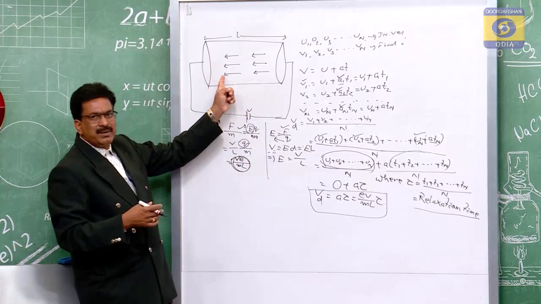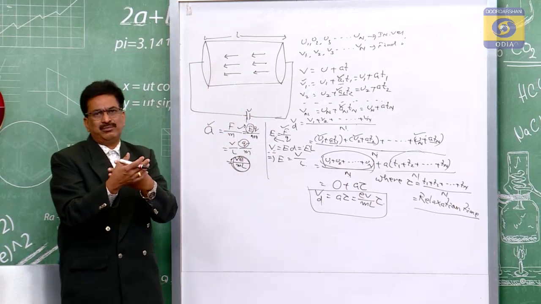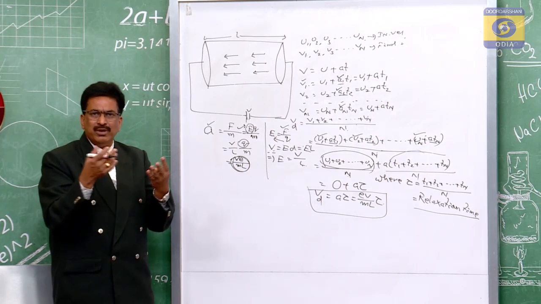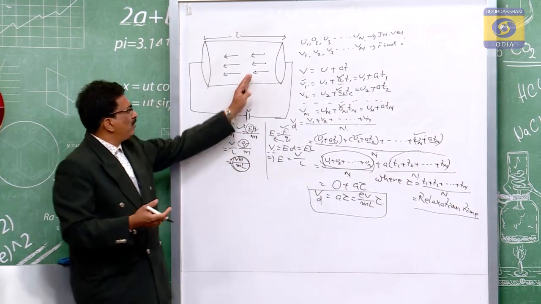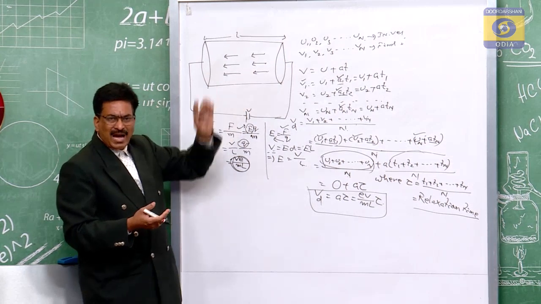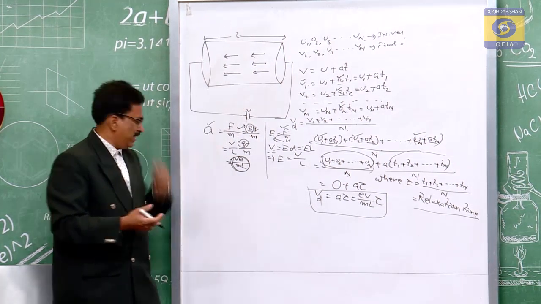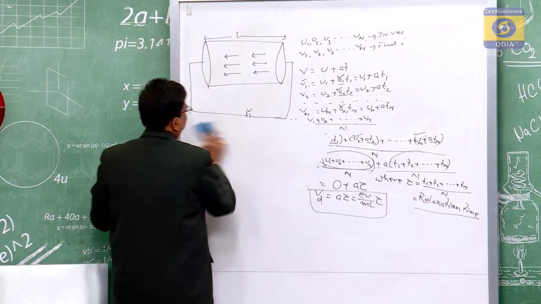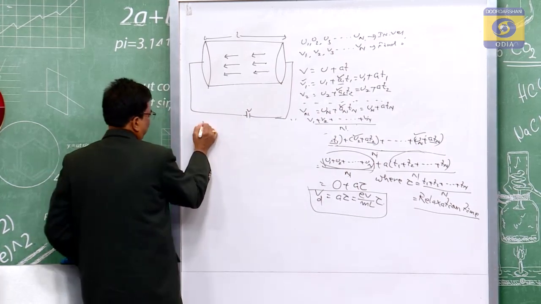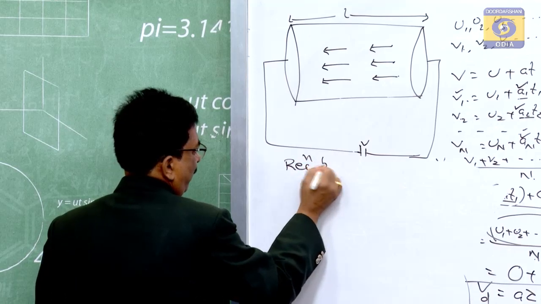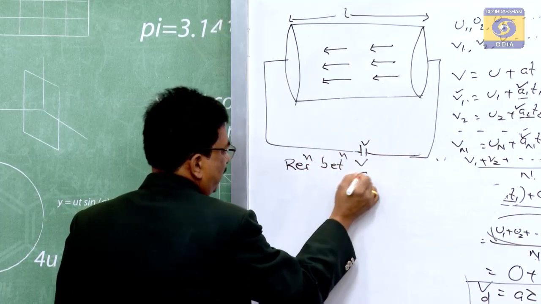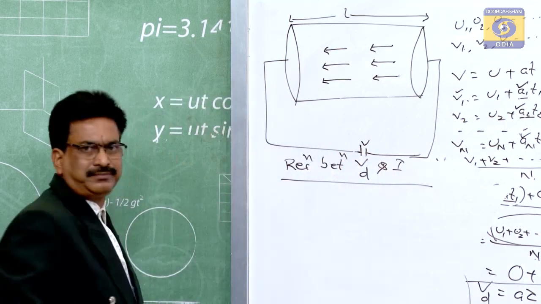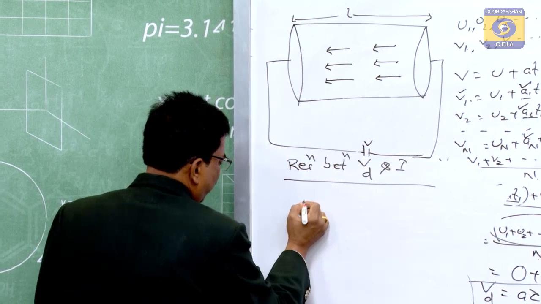Due to this drift velocity, when the electrons are in motion, as we discussed, the rate of flow of electrons constitutes the current. Therefore this drift velocity has a relation with the current. Next we will discuss the relation between drift velocity and current.